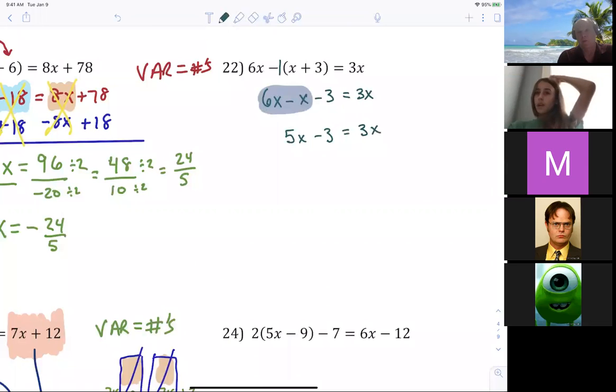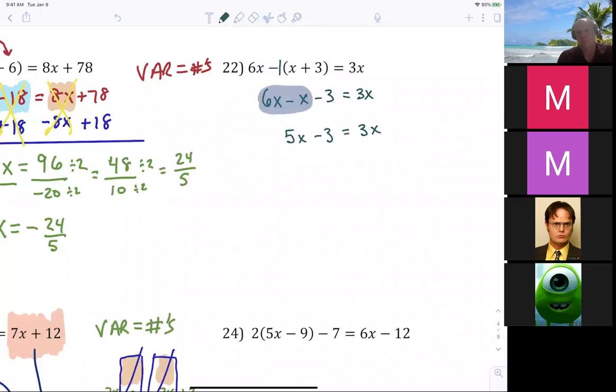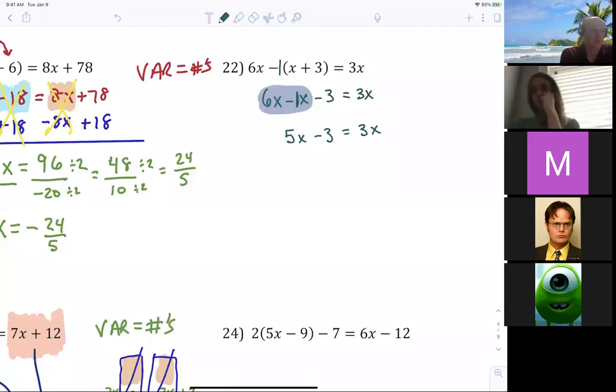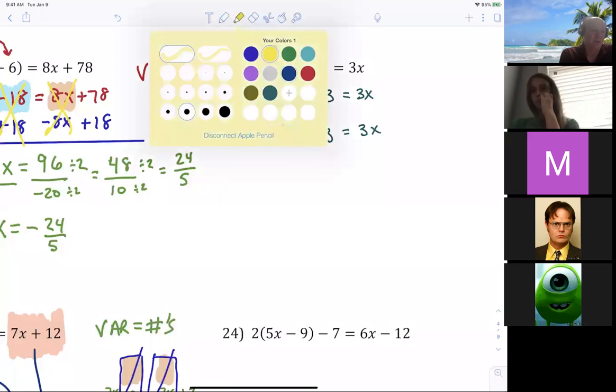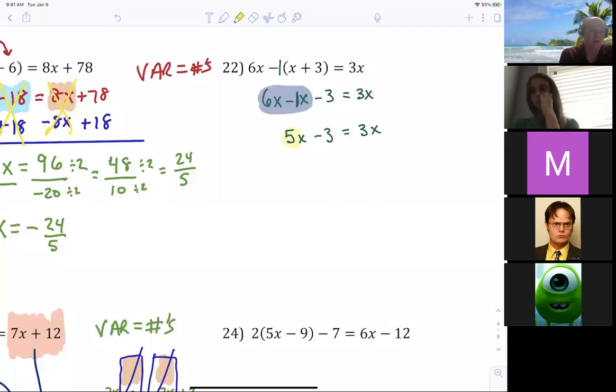Go ahead. Anybody have a question? I don't understand how you can just change the 6 to a 5. Because I didn't. You tell me what's 6x minus 1x. You guys are learning. All right. This is much harder than before. There's lots of rules.